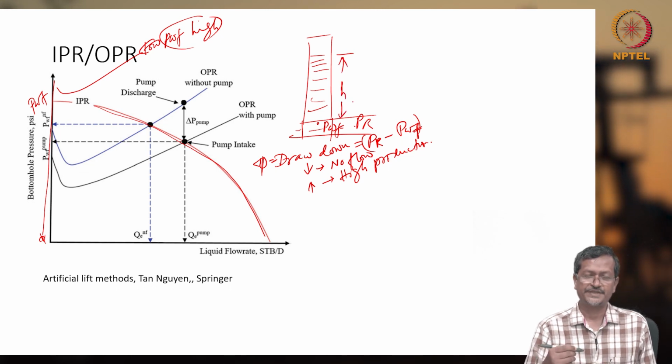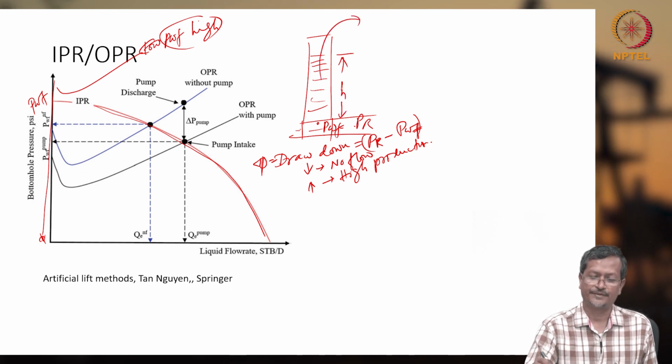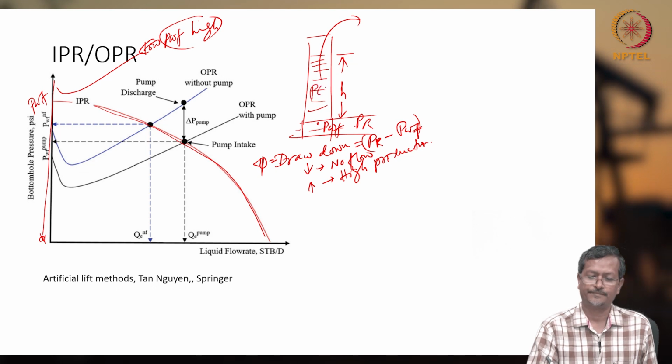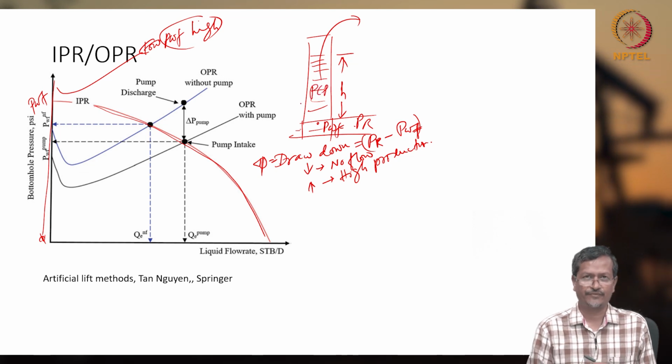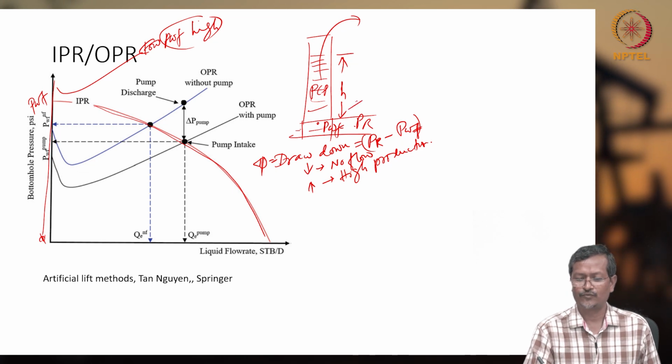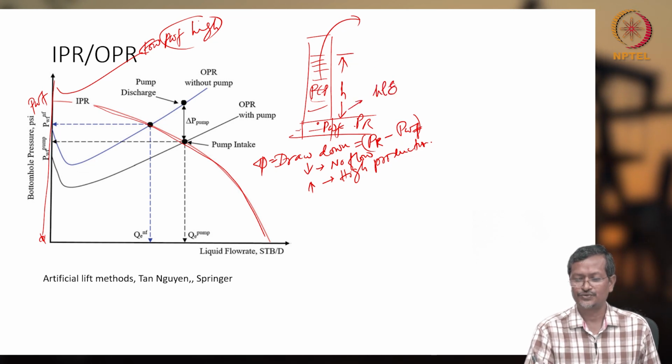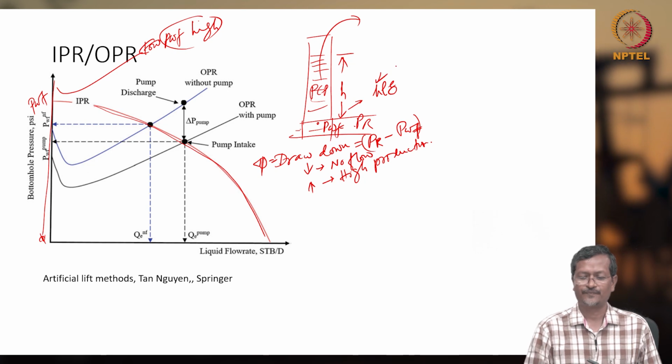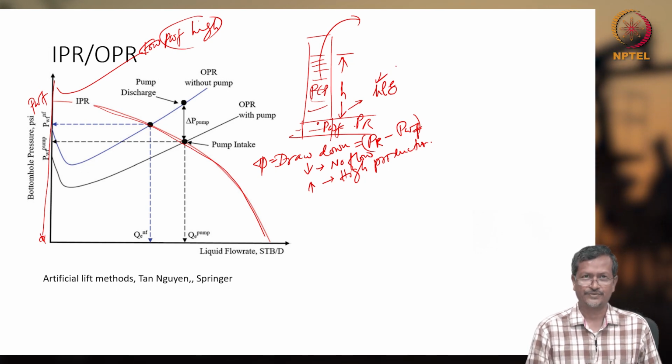Using PCP, you remove that fluid. PCP or any artificial lift actually removes the fluid. So, when you remove the fluid, PWF is actually H rho g; H is reduced, so PWF is reduced. So, more fluid will enter your wellbore.